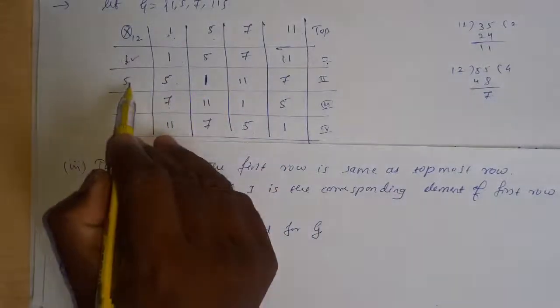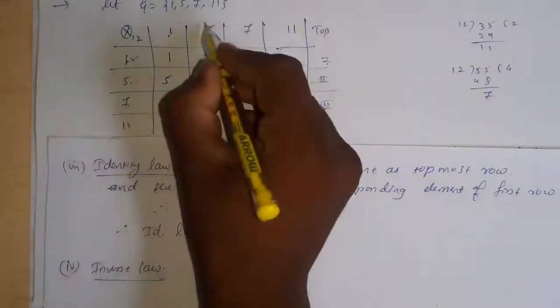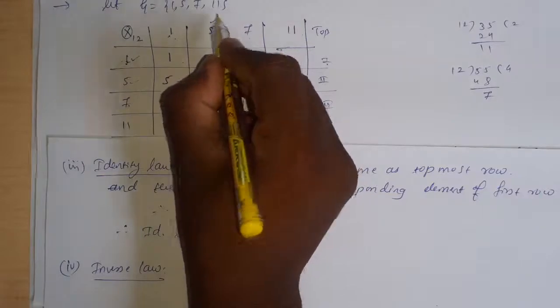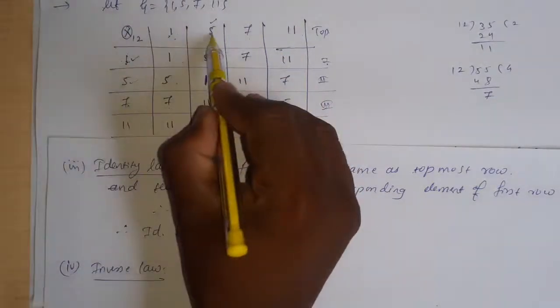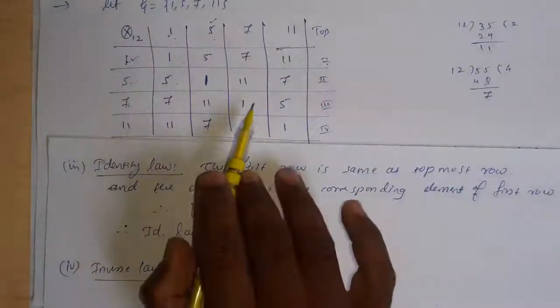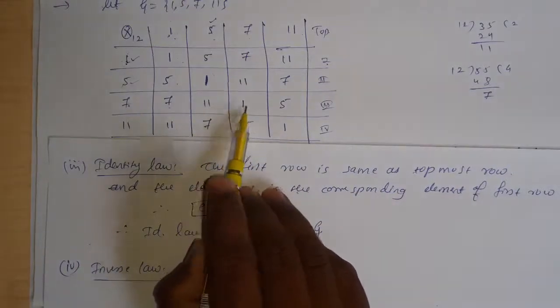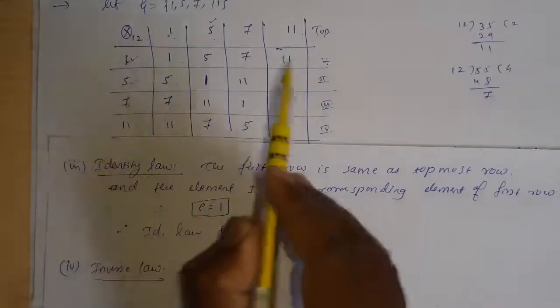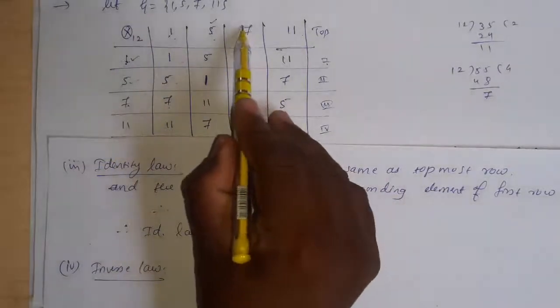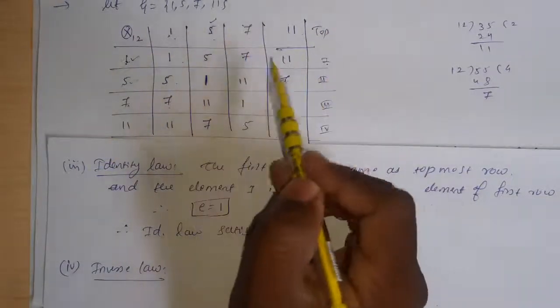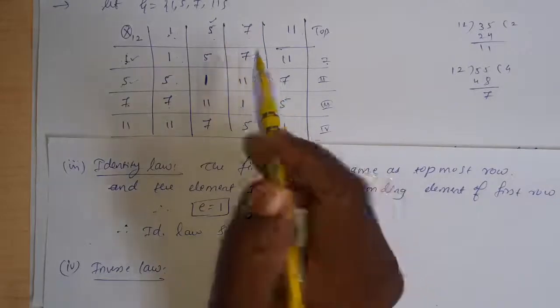Horizontally the corresponding element is 5, and vertically also we have 5. Then we can say that inverse of 5 is 5. And in the third row, here it is 1, then horizontally the element is 7, vertically also 7 is there. So, therefore, inverse of 7 is 7.